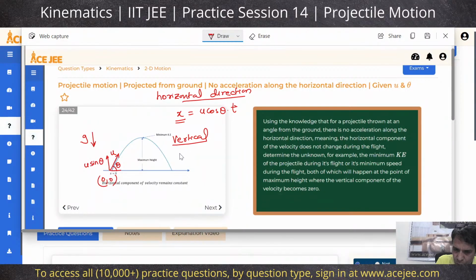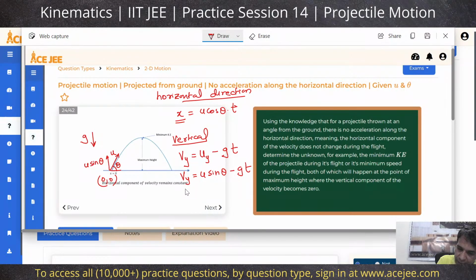So the two equations, one would relate the velocity at certain time t. So what are those equations? So v y is equal to uy, that is the initial velocity in the vertical direction, minus gt. So I can write this as u sine theta minus gt. This is my velocity at any time t in the vertical direction.